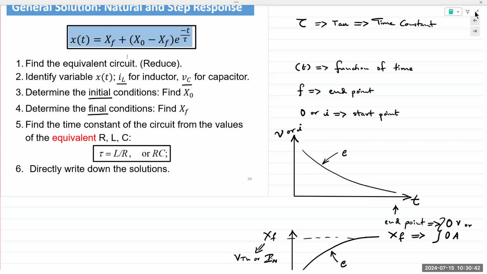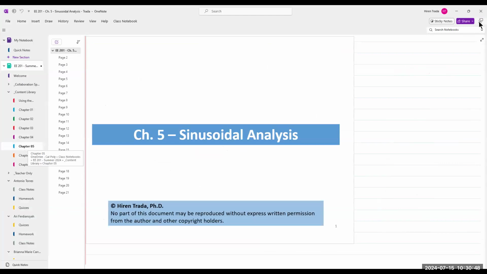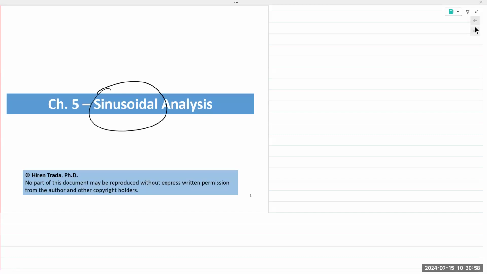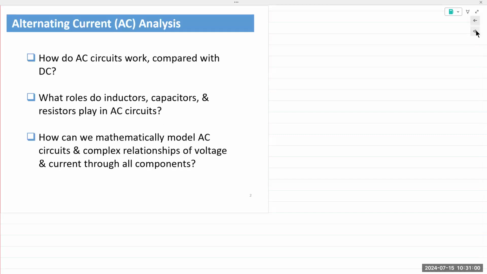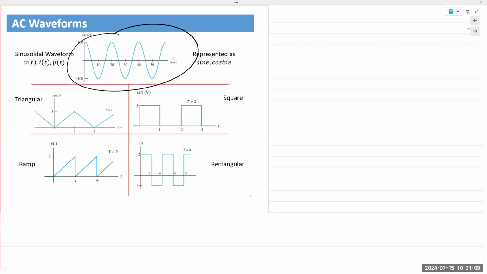Okay, then I want to get started with chapter 5. Chapter 5 is AC analysis. The name sinusoidal comes from the fact that most of the analysis relates to the sinusoidal waveform that looks like this.